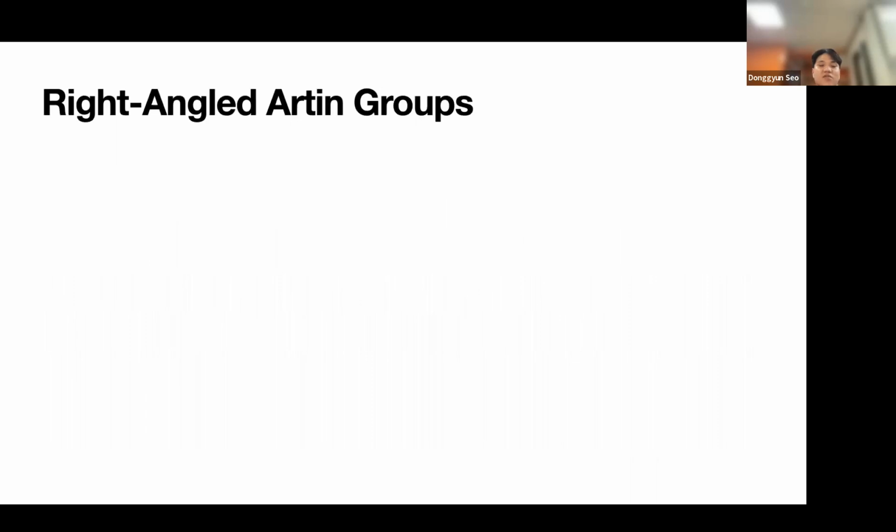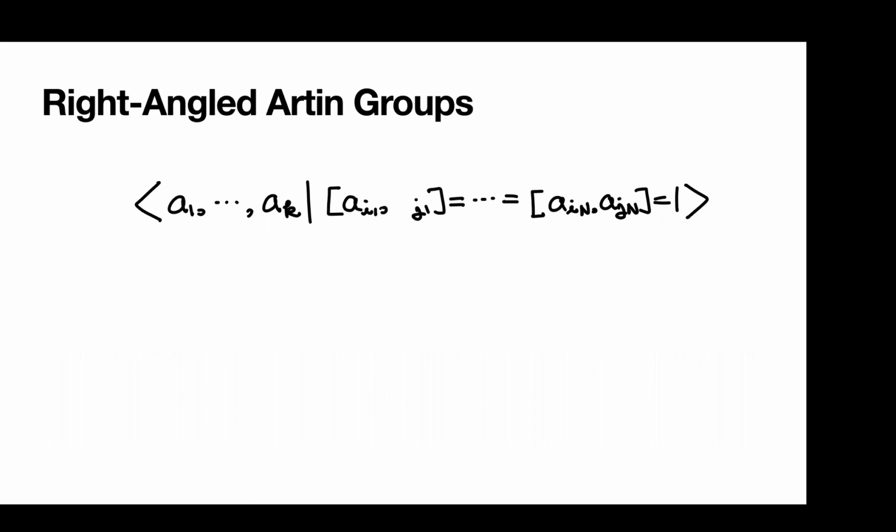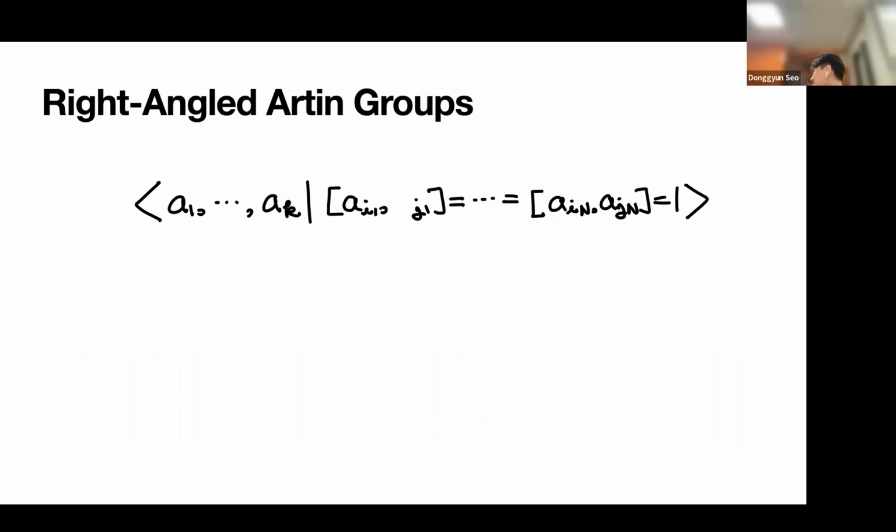So let's start. To introduce the automorphism group of right-angled Artin groups, I need to start from the definition of the right-angled Artin group.